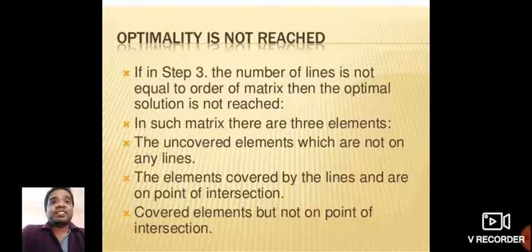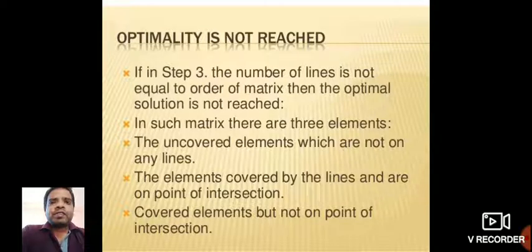In such cases, what do you need to do? After drawing the horizontal and vertical lines, the matrix is categorized into three kinds of elements. The first are uncovered elements, which are not on any lines.